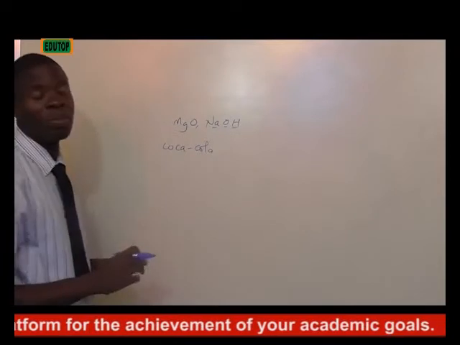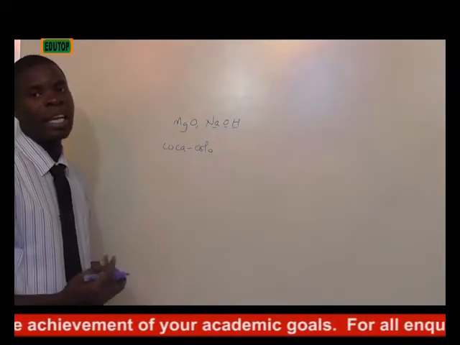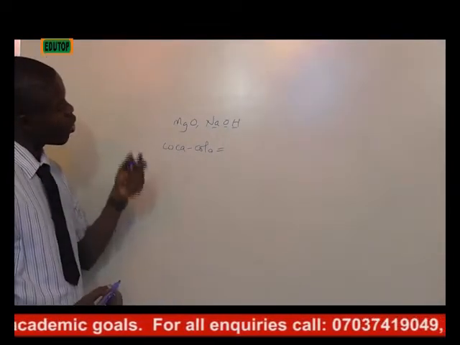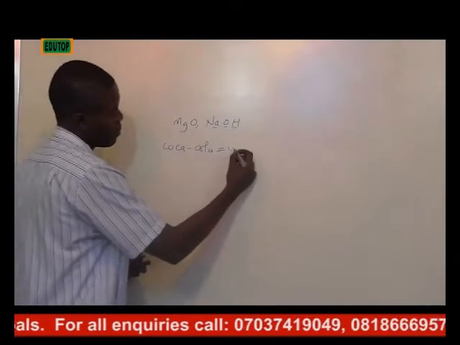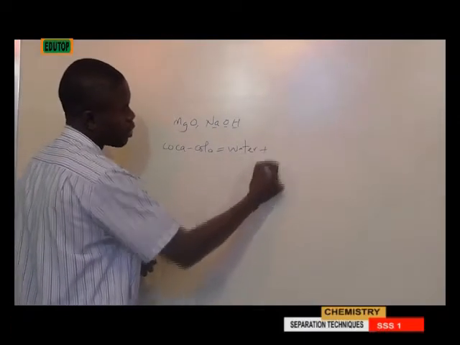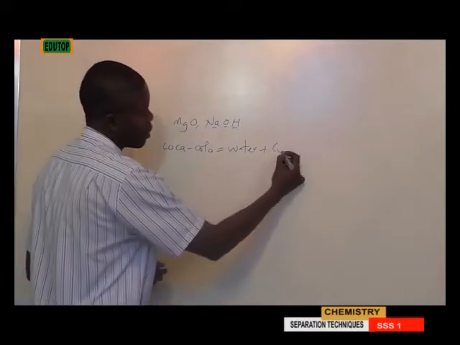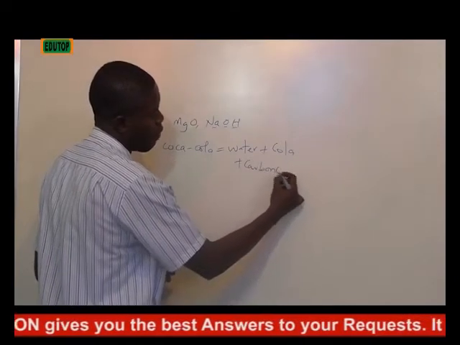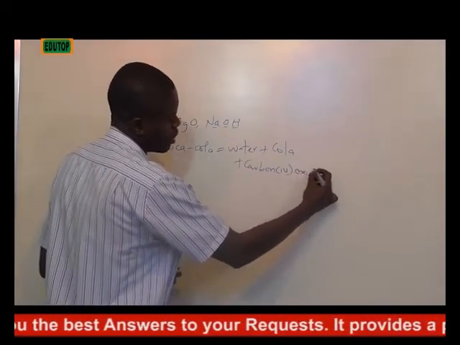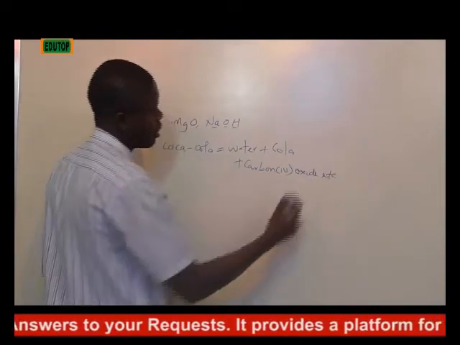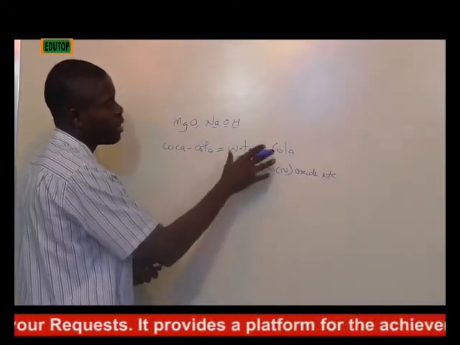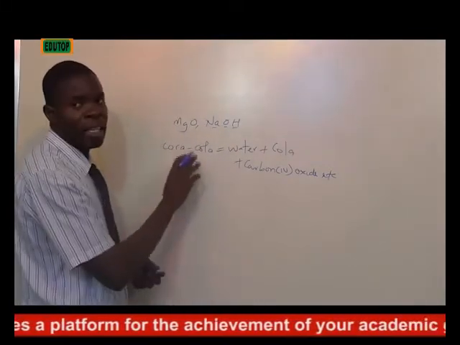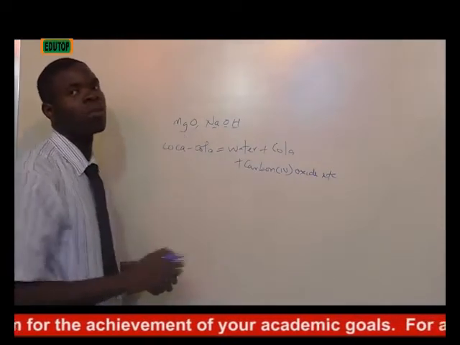Why this is called a mixture is because it cannot be represented by a chemical formula, because this Coca-Cola has water plus cola plus carbon IV oxide, etc. This that you have cannot be represented by a single chemical formula. That is why it is called a mixture.